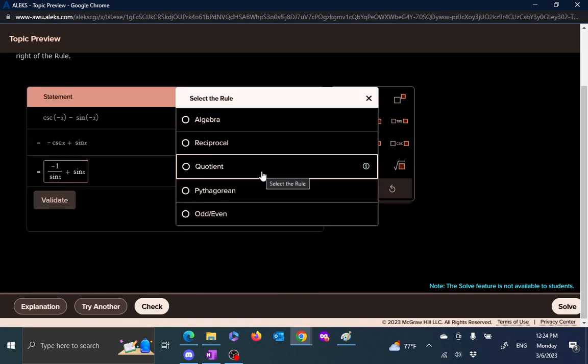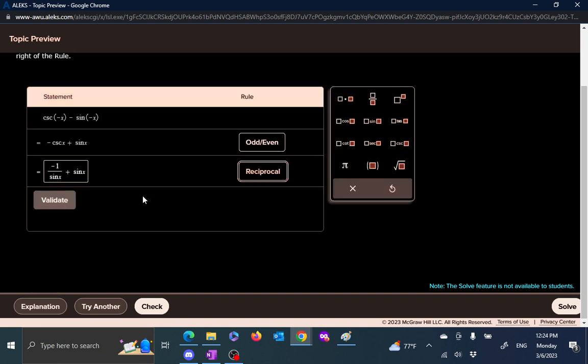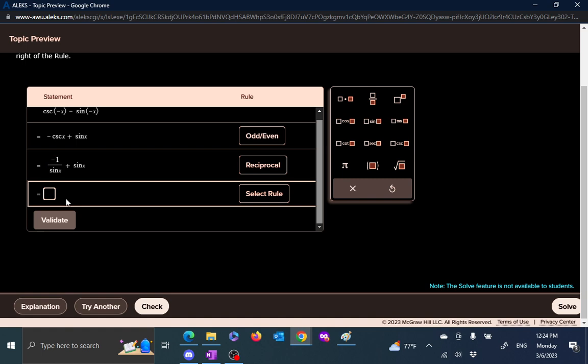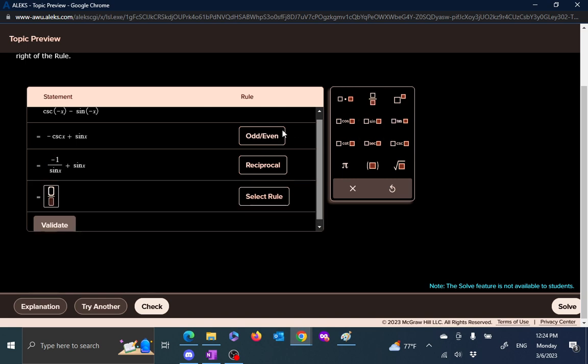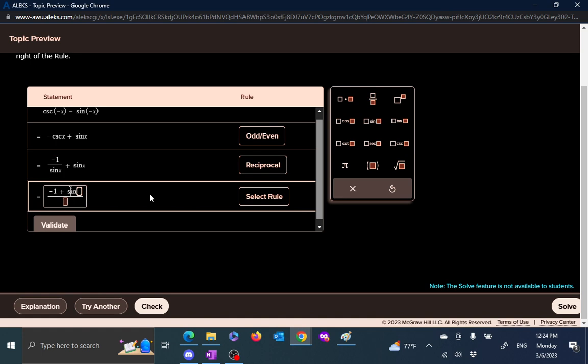So I am applying reciprocal identities here. I wrote cosecant as 1 over sine. Then I add them up. So I need a fraction. So I have minus 1 plus sine square of x, and then denominator is sine of x.